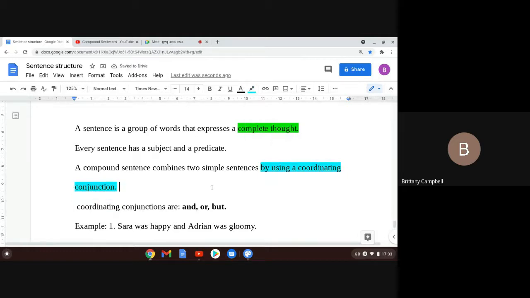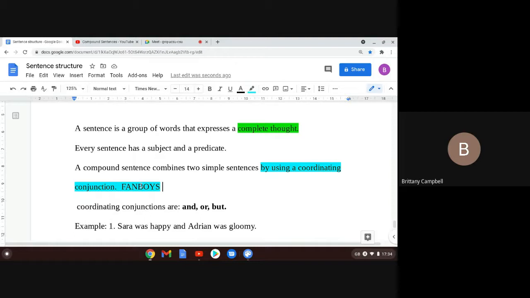Beautiful. So it is combined using a coordinating conjunction, and we know about the coordinating conjunctions. Yes? So we have the for, and, nor, but, or, yet, and so. All right? Now, coordinating conjunctions, specifically, they use and, or, and but.